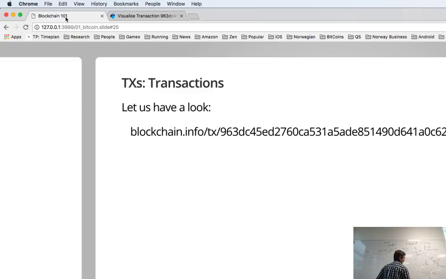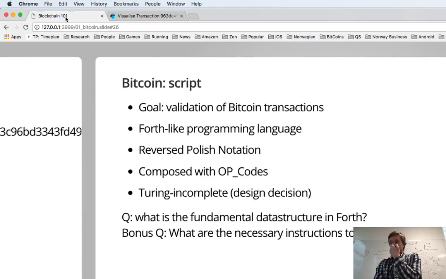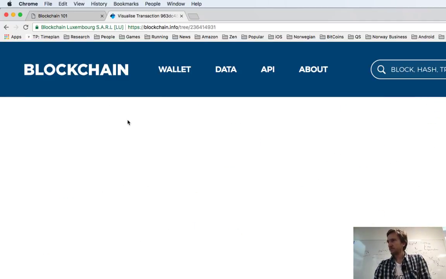We discussed a very simple transaction, which was, let's say, pay to address, which is actually pay to public key, right? So we were paying to a public key which someone with the private key could claim. Let's see this transaction again.